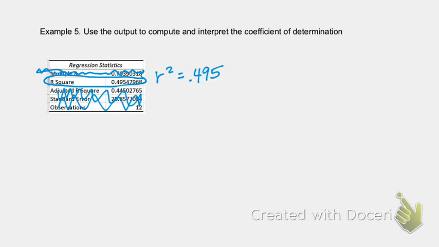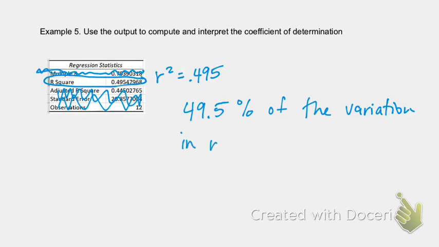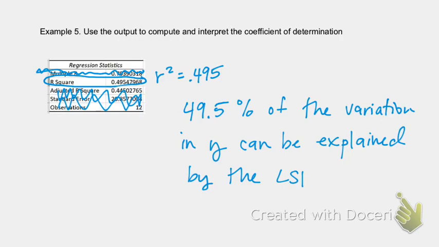Just go 3 decimal places. 49.5. So, interpreting: 49.5% of the variation in y can be explained by the LSRL.